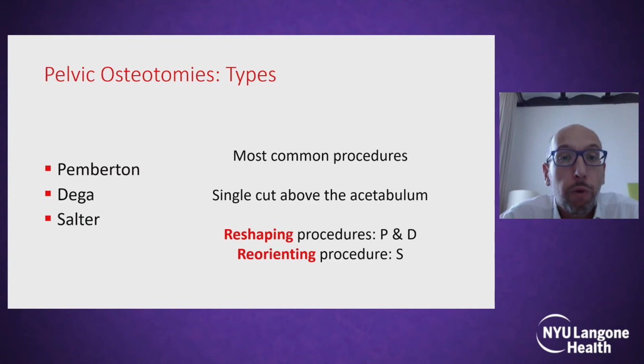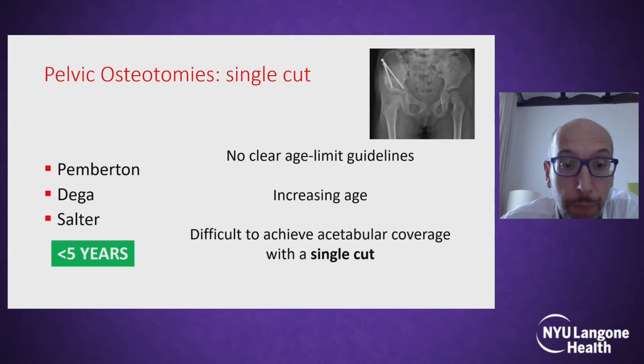So, and this is the third important issue, what type of pelvic osteotomy you should consider to treat a specific disease. The most common procedures are the Pemberton, Dega, and Salter osteotomy, which tend to reshape and reorient the acetabulum, particularly the Salter osteotomy.